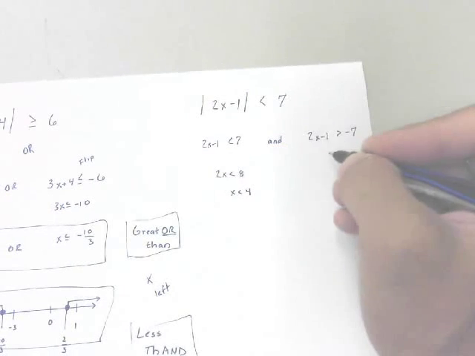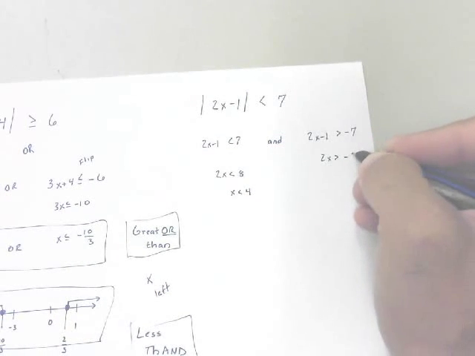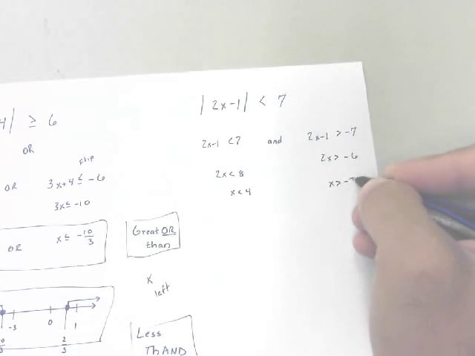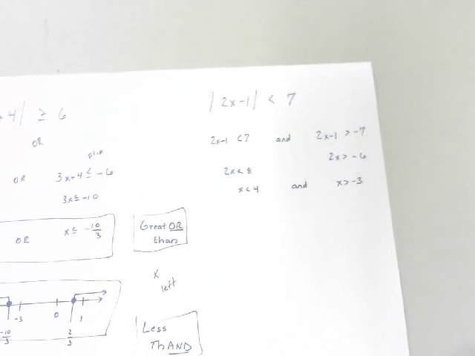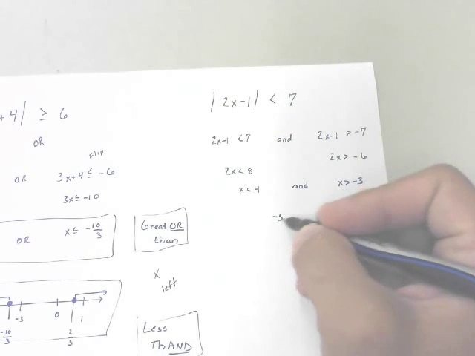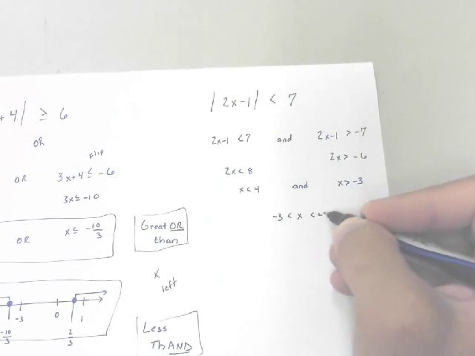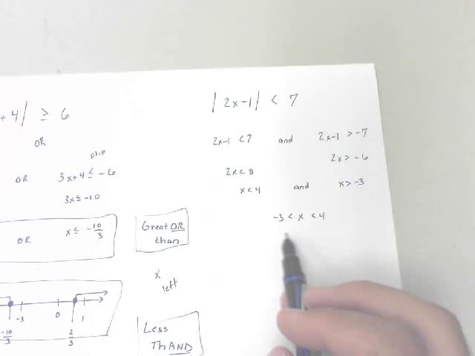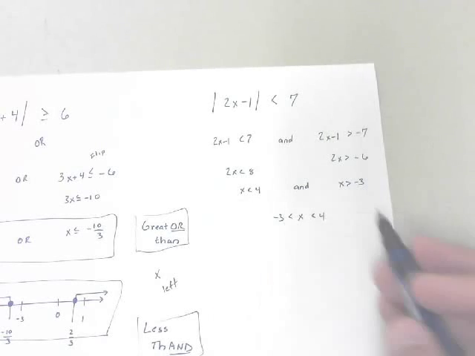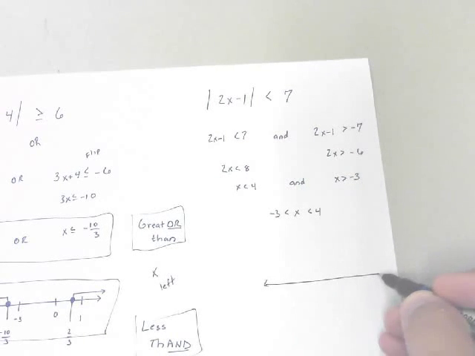So x is less than 4, and x is greater than negative 3. Remember that this is and. I can smush these together so I can make one inequality statement. If I'm really savvy here, x is greater than negative 3, x is also less than 4.